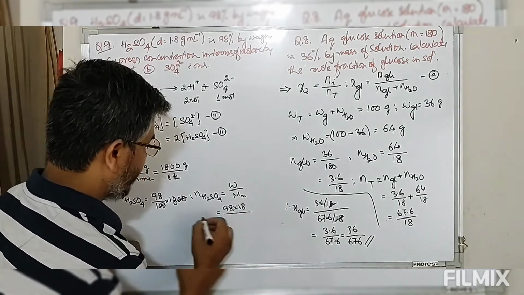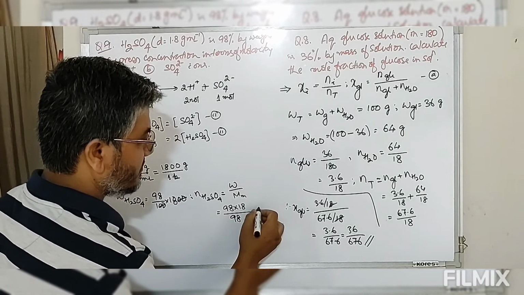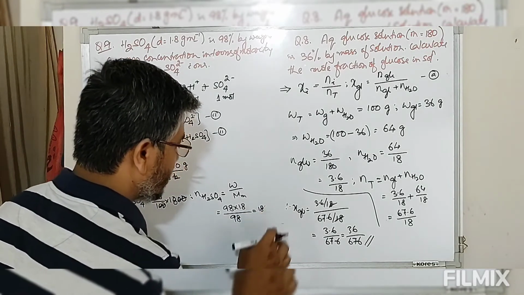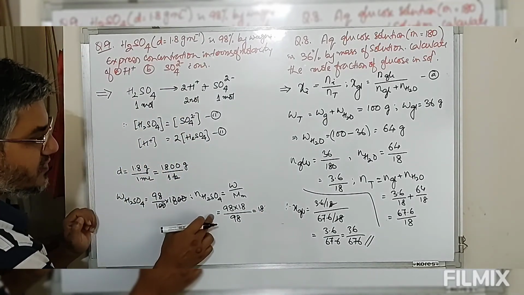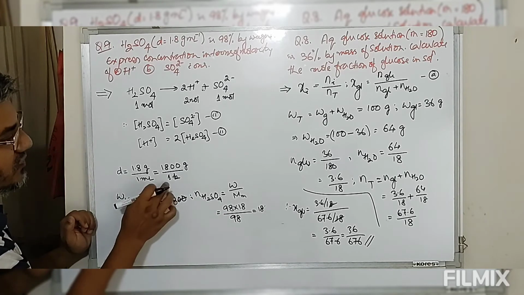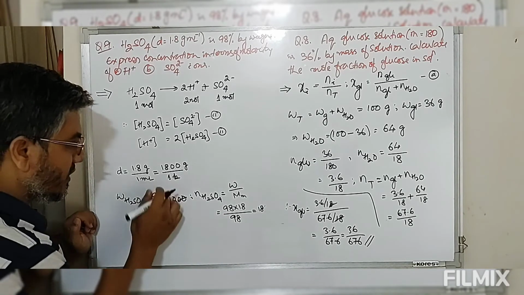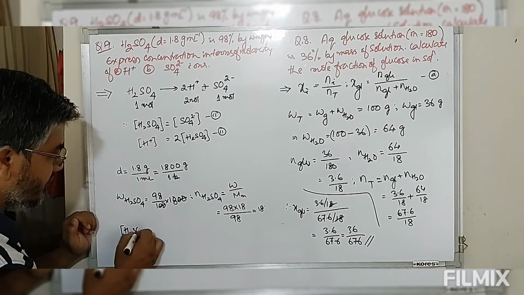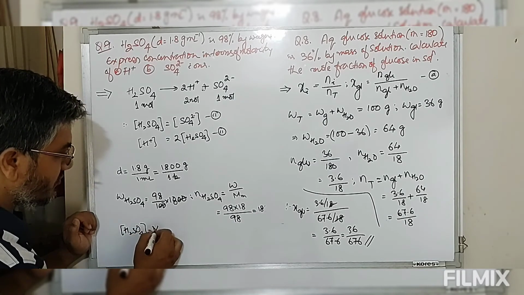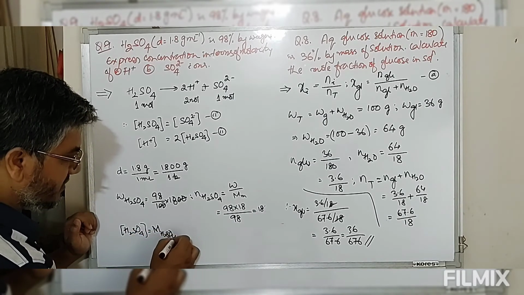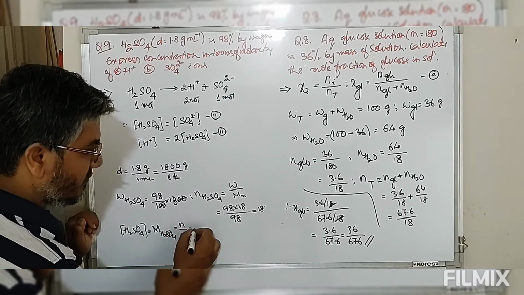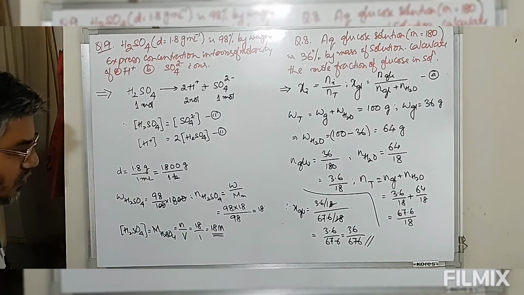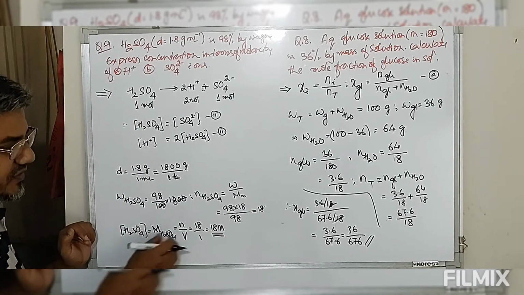Now the molar mass of sulfuric acid is 98. So this comes out to be 18 moles. Since the number of moles of sulfuric acid is 18, with the total volume of the solution taken being 1 liter, the concentration of sulfuric acid, which is nothing but the molarity of sulfuric acid, is equal to number of moles divided by volume. So we have 18 by 1, so that is 18 molar. So the molar concentration of sulfuric acid is 18.